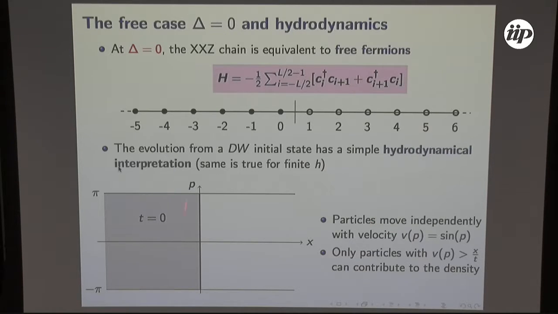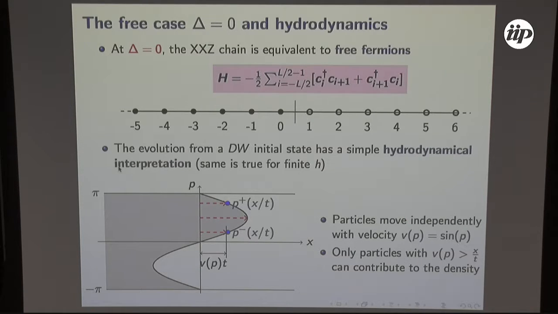Then you time evolve this initial distribution, and what happens is that the fermion, which has a certain momentum p, will move with a certain velocity, which is the group velocity. V of p is sine p, following from the Hamiltonian, the derivative of the dispersion with respect to the momentum. So after a certain time t, the fermion, which has velocity v of p, will be at position t times sine p.